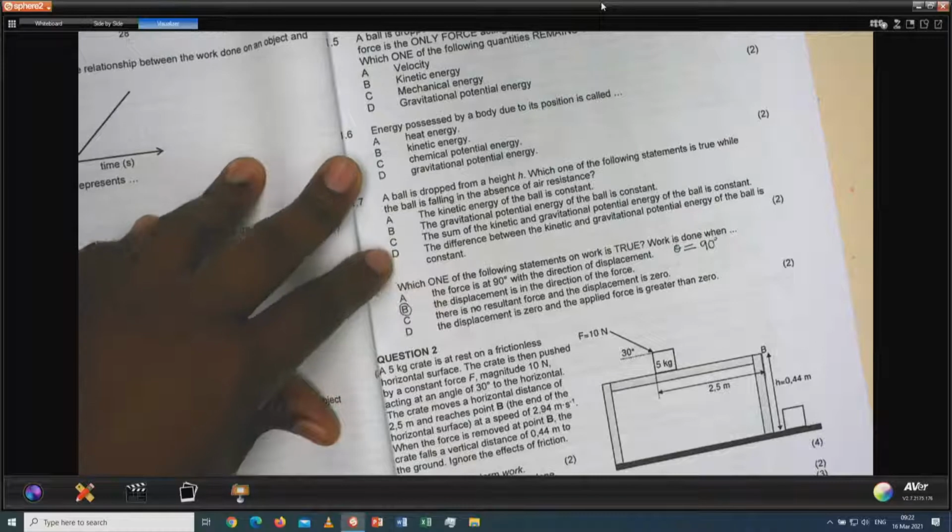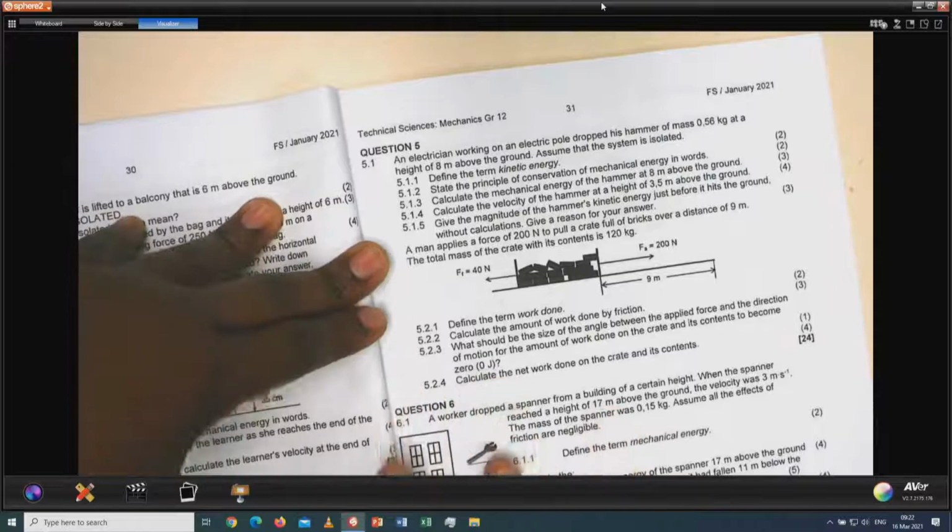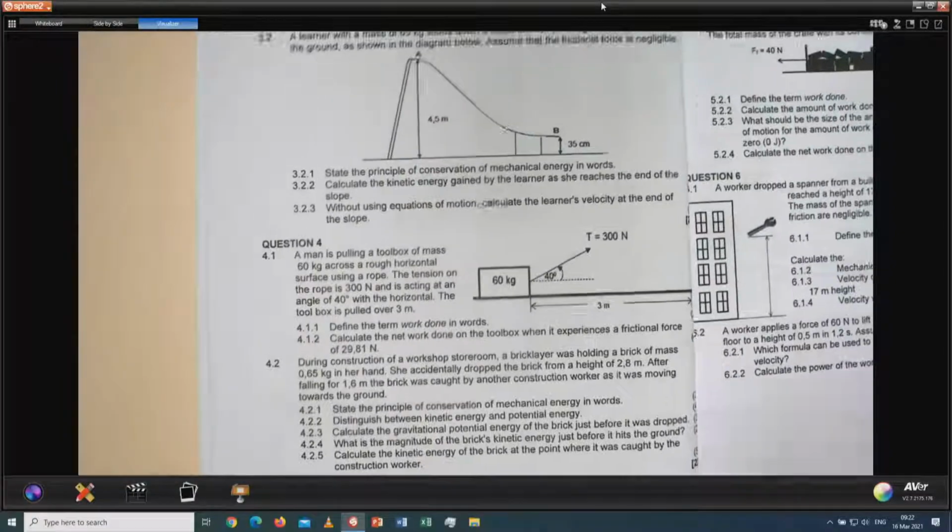And then the other question that I want us to look at is question 4.